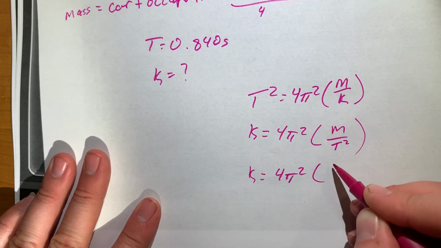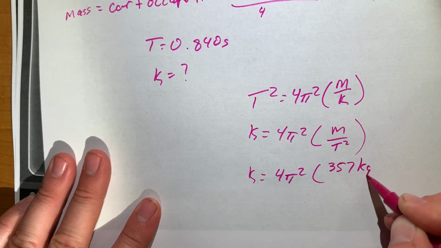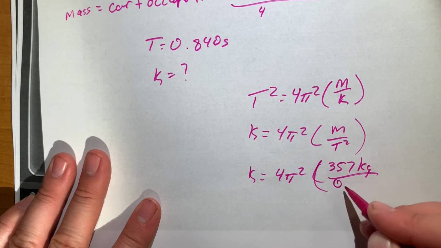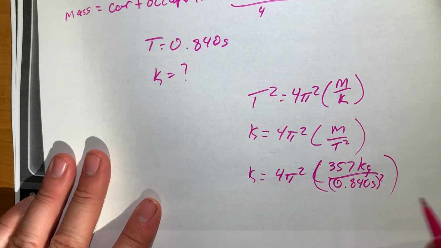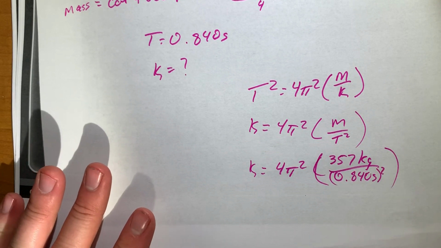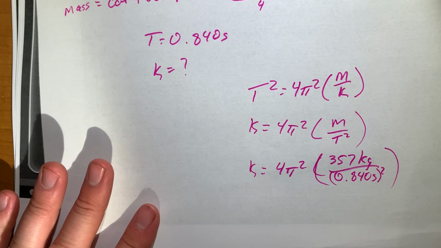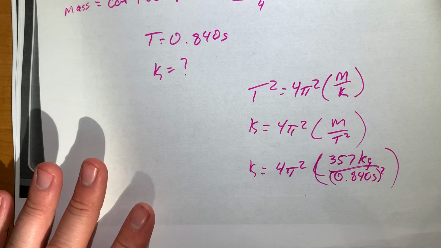Our mass for a single spring is 357 kilograms. T is 0.840 seconds. Again, we have to square that. Now again, k, as we saw in section 1, has units of newtons per meter. So remember that when you give your answer.